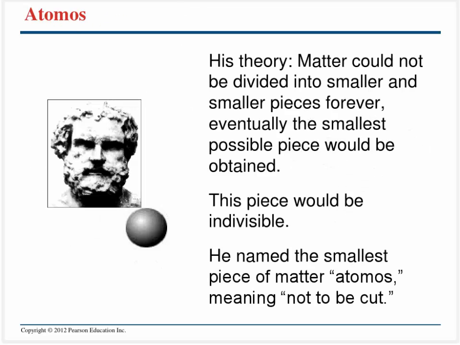And he said, yes, there is a limit, and we're going to divide things and divide things and divide things, and finally we would get to this chunk that would be indivisible, the smallest piece of matter, and the building block of all matter. And he said that the name means it could not be cut anymore.